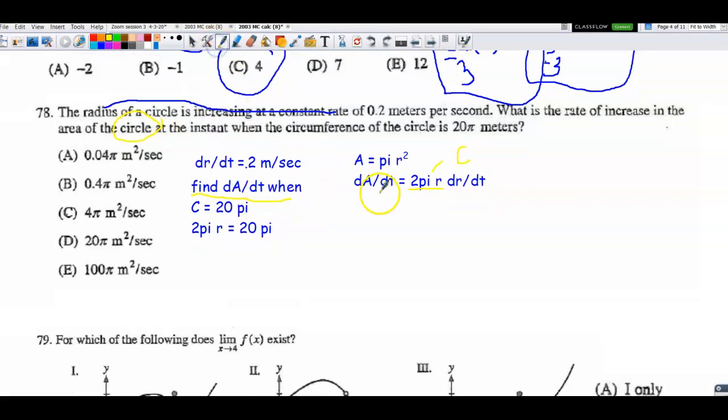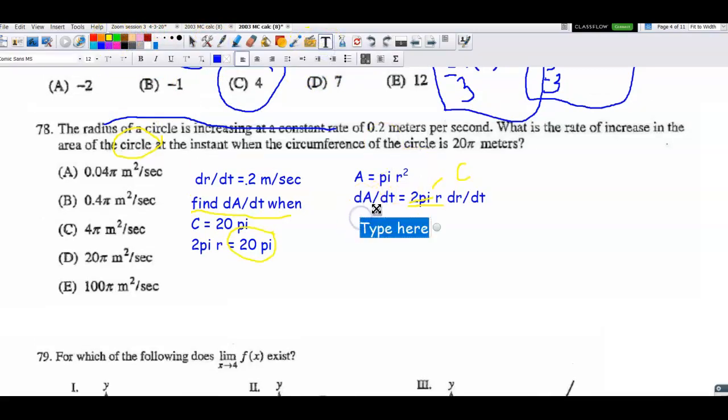Meaning that I can replace the 2 pi r with this 20 pi. So that means then that dA/dt is equal to 20 pi dr/dt.